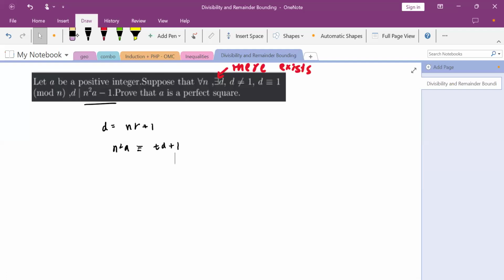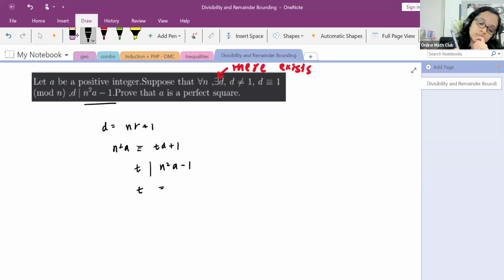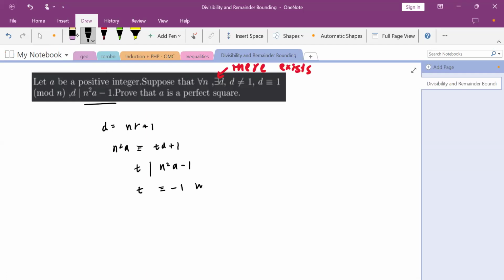We can use the fact that T divides N square A minus 1 and also T is 1 mod N. Yes. I think I have a solution.